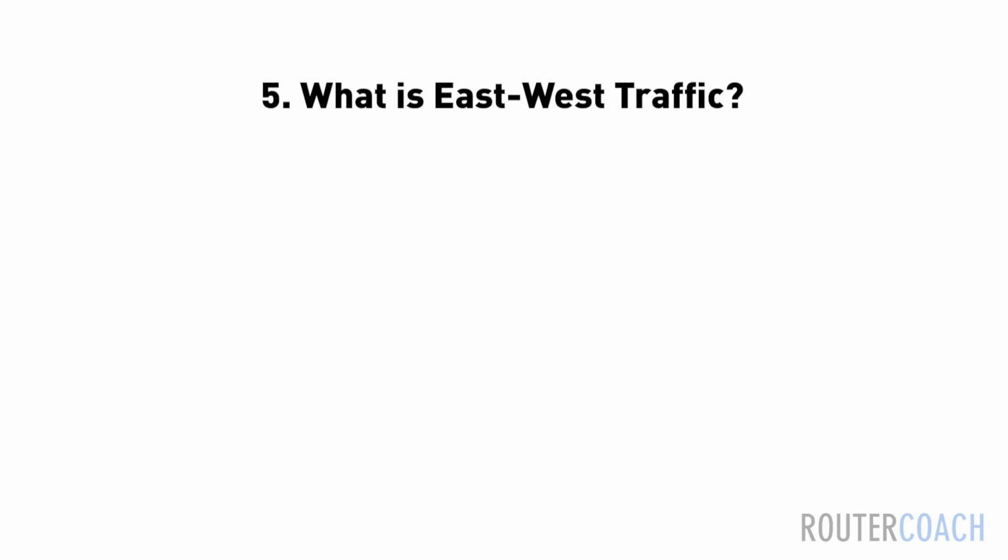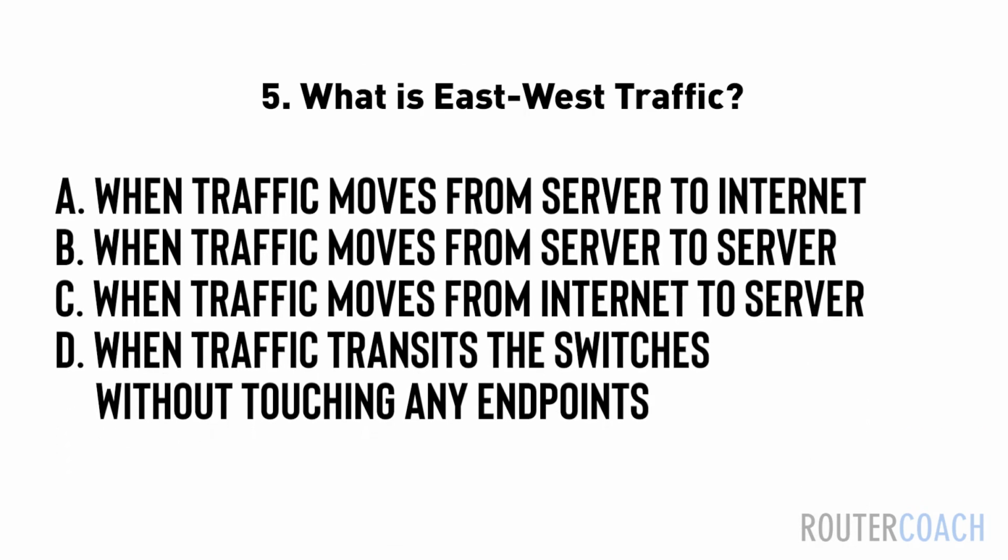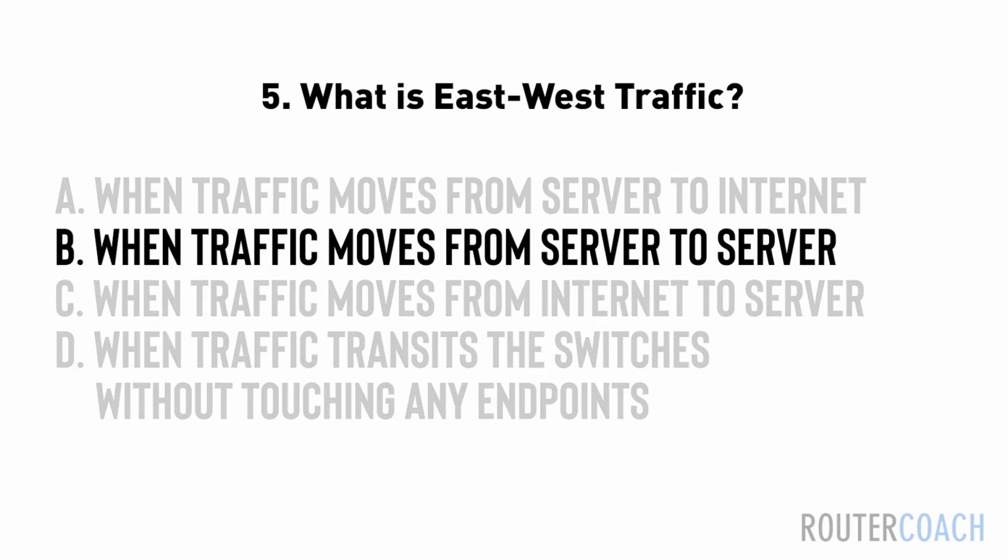5. What is east-west traffic? A. When traffic moves from server to internet. B. When traffic moves from server to server. C. When traffic moves from internet to server. D. When traffic transits the switches without touching any endpoints. The answer is B. 6.